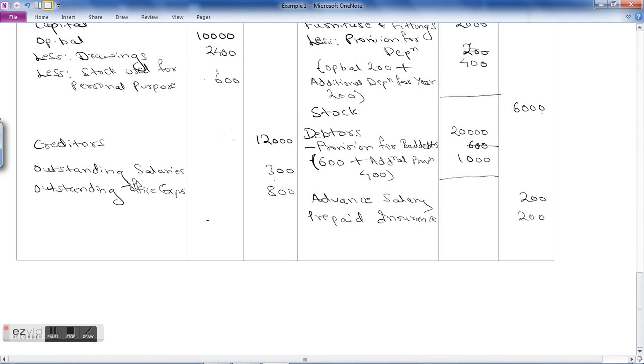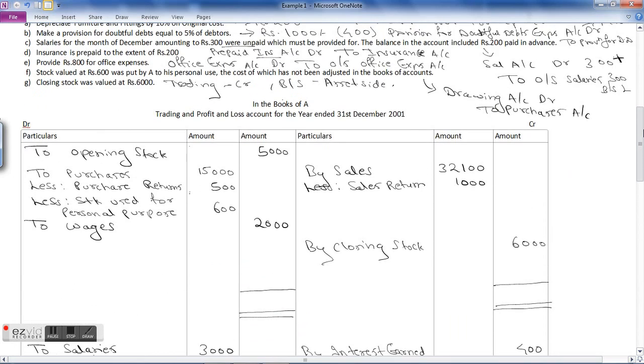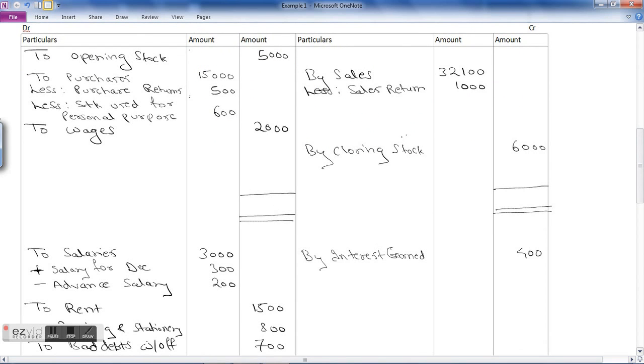Okay, so now since all the adjustment effects are given, we'll start closing all the accounts one by one. Let's do the internal calculations first. So the net sales will be 32,100 minus 1000, that is 31,100, then 15,000 less 500 less 600, so that will make it 13,900.